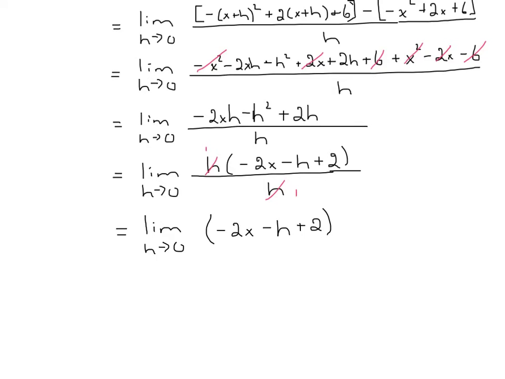Since we want to take the limit of everything, we must have the brackets here. But then as h approaches 0, that middle term drops out, and we'll be left with negative 2x plus 2. So this is our general slope at the point where we want our tangency.